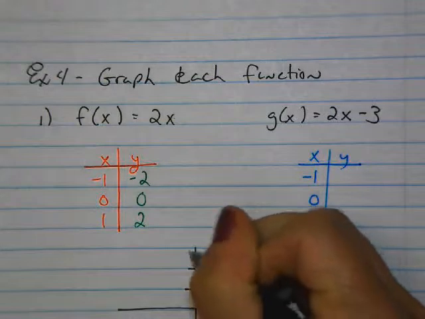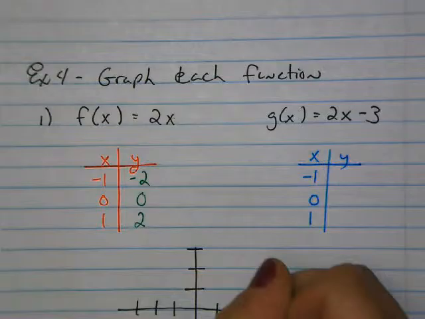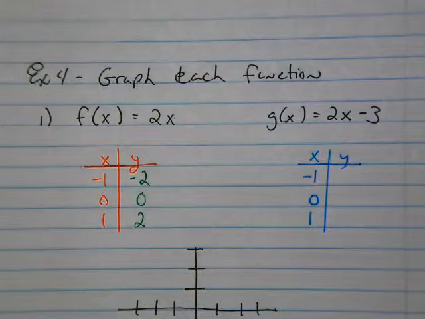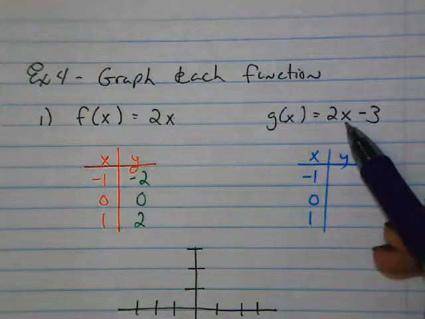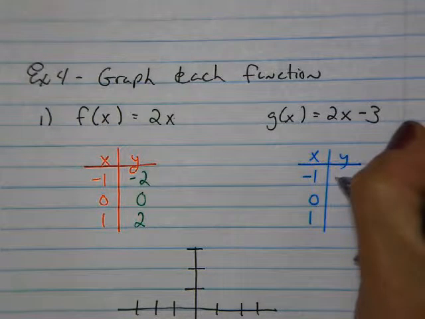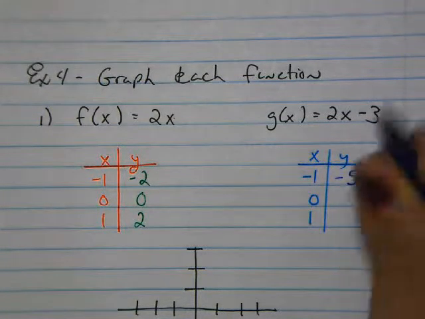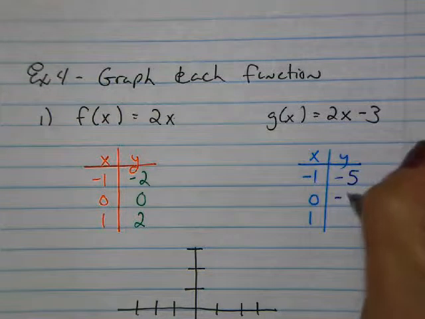Alright, so if I input a -1, 2 times -1 minus 3 is -5. 2 times 0 is 0 minus 3, -3. 2 times 1 is 2, minus 3 is -1. And now I'm going to go ahead and graph both of these lines.